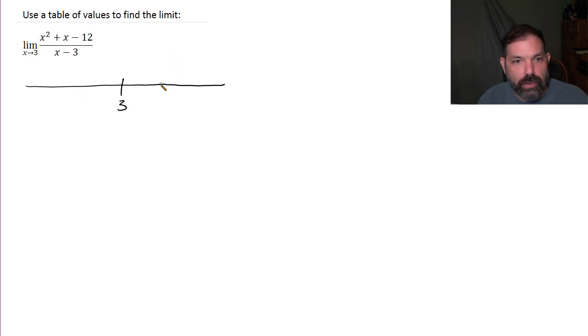I want x to take values that are greater than 3 and get very close to 3, and I want x to take values that are less than 3 and get close to 3, and see what happens. What would be values that are close to 3 but on the right of 3?